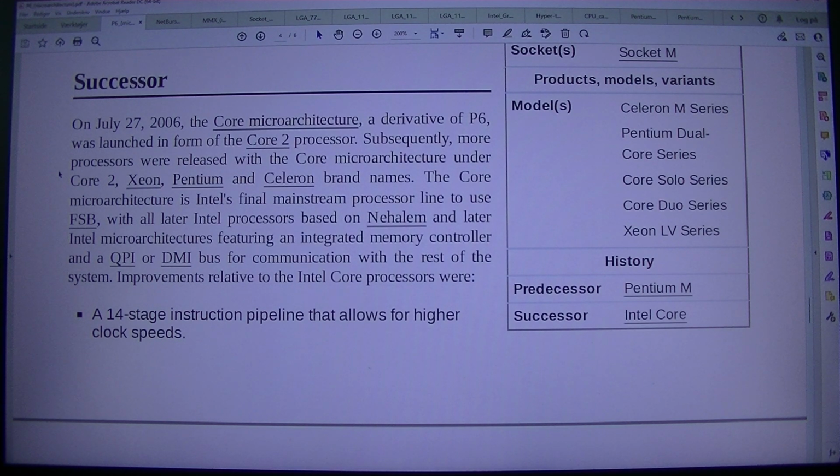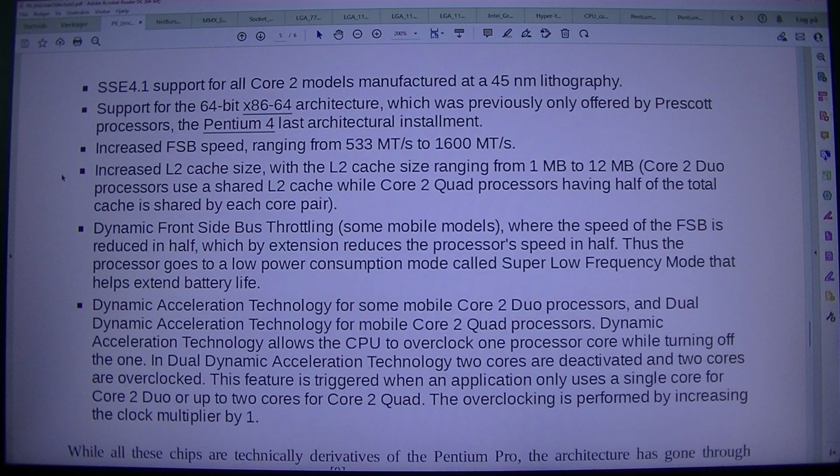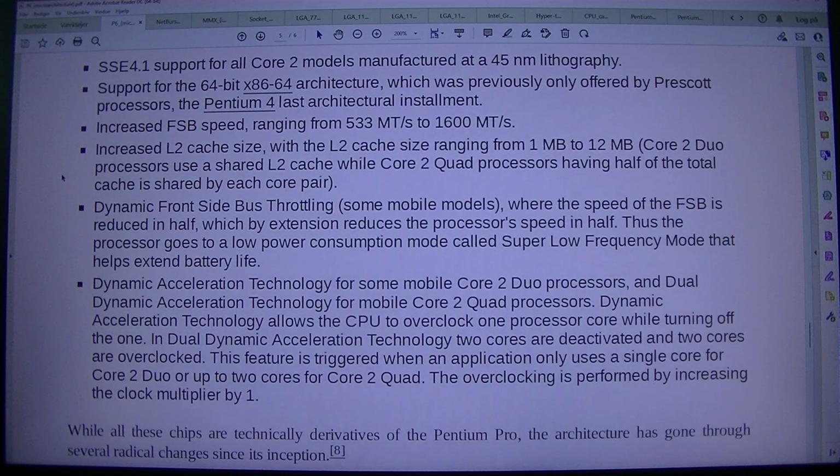The Core microarchitecture is Intel's final mainstream processor line to use FSB, with all later Intel processors based on Nehalem and later microarchitectures featuring an integrated memory controller, with DMI or QPI bus for communication with the rest of the system. Improvements relative to the Intel Core processors were a 14-stage instruction pipeline that allows for higher clock speeds, and SSE4.1 support for all Core 2 models manufactured at 45 nm lithography.